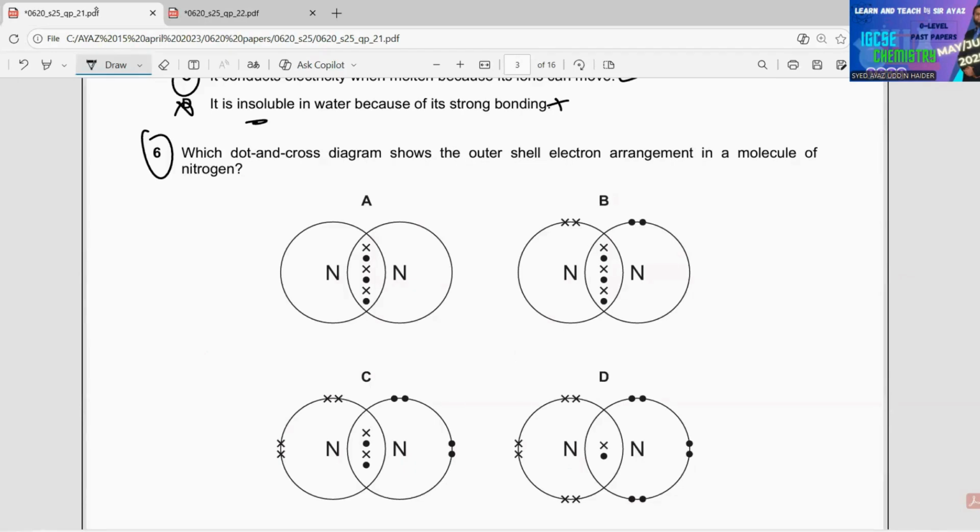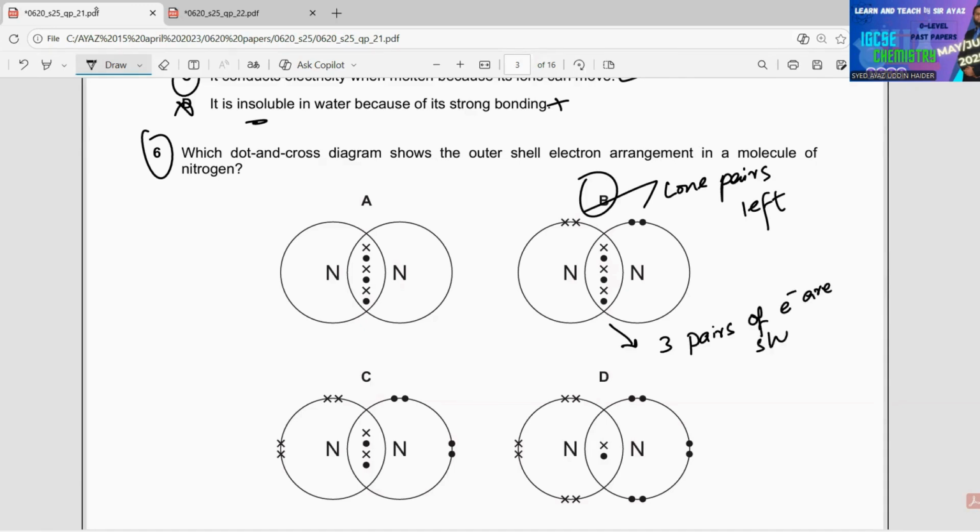So they will share 3 valence electrons with each other, leaving only one lone pair on each. So B must be the right answer in this case. These are the lone pairs left, and 3 pairs of electrons are shared.